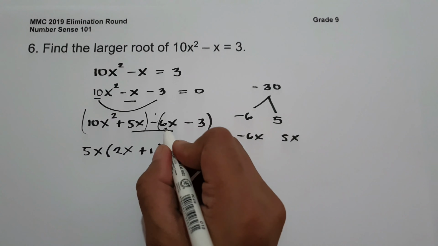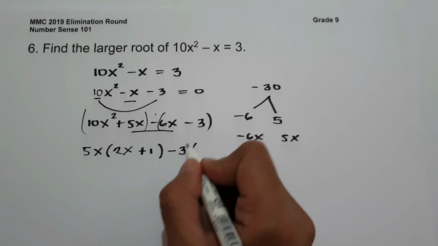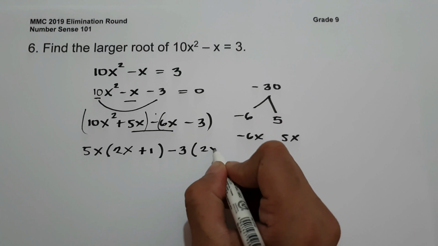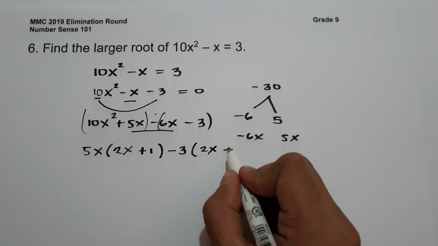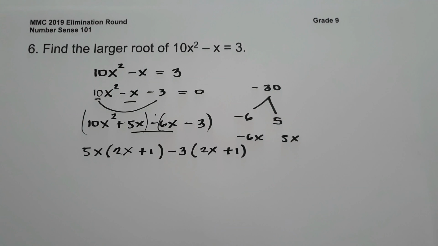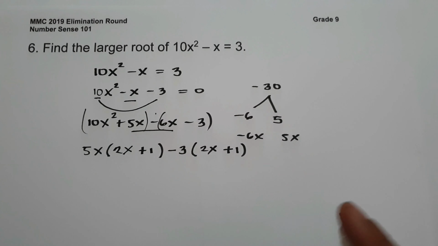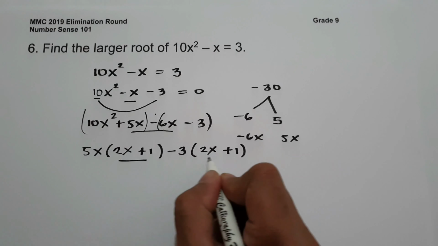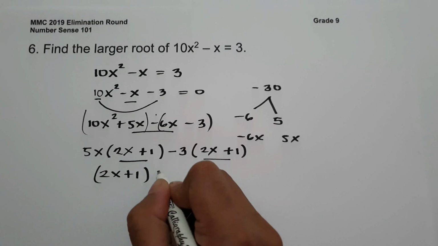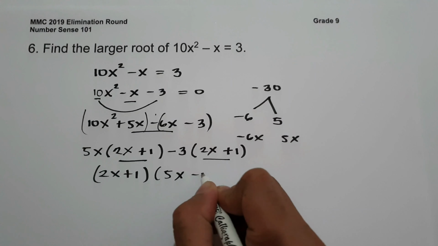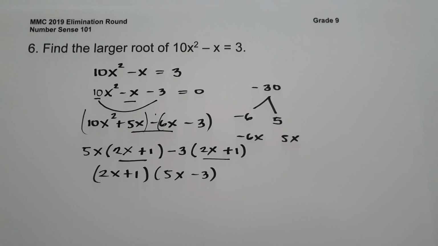And then 6x divided by 3, it will give us 2x. And then we have negative 3 divided by negative 3, that is positive 1. So to simplify, let us have here 2x plus 1 and 5x minus 3. So let us equate this one to 0.